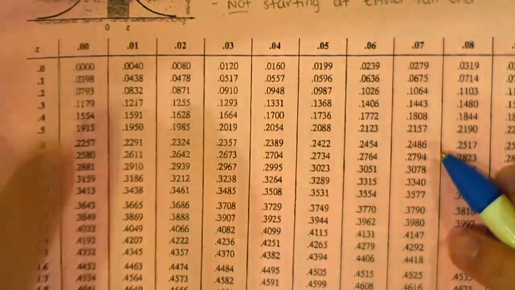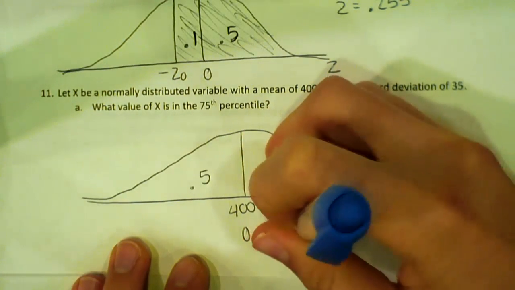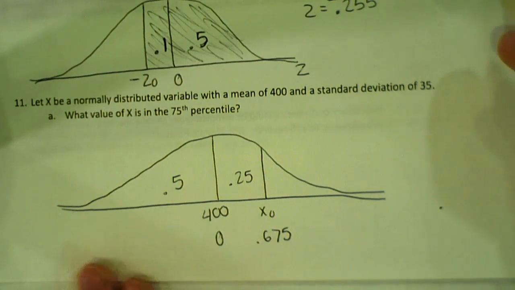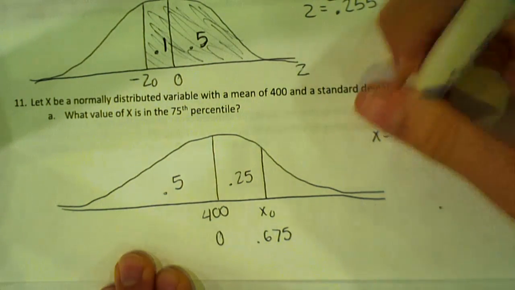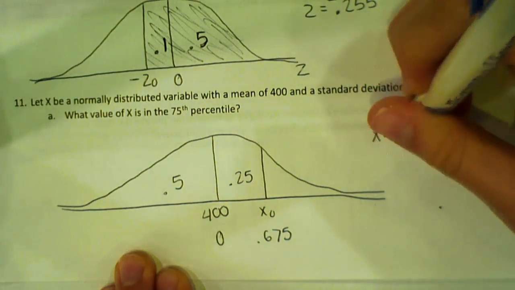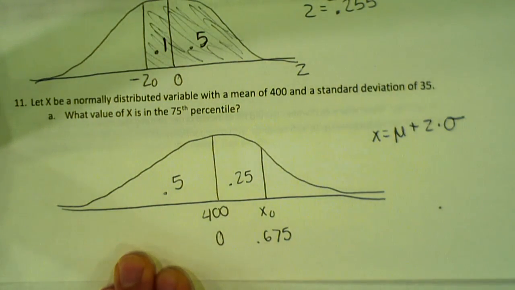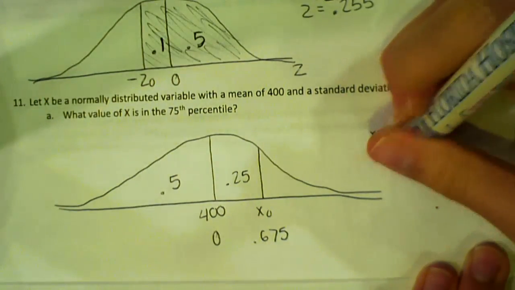So it should be 0.675. And then to go from the z-score to find the actual variable, right, we have this formula. And then we just plug in the values.